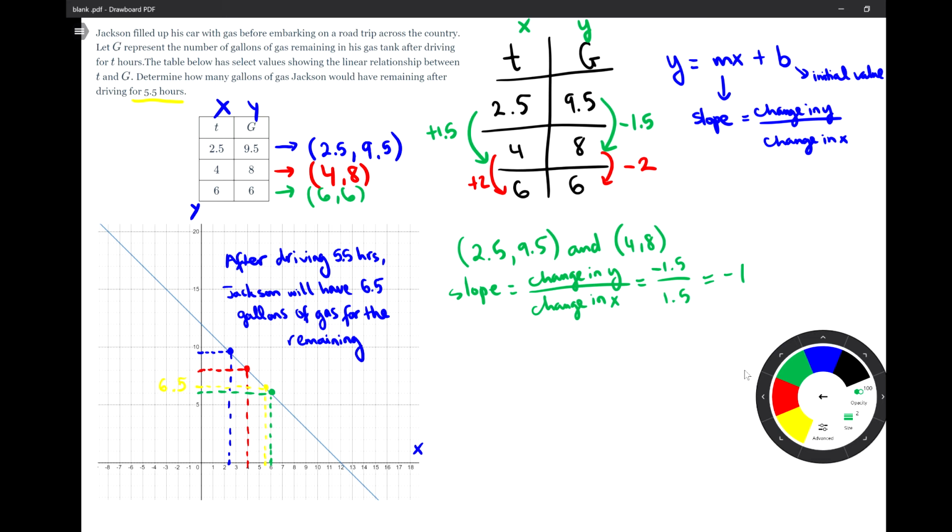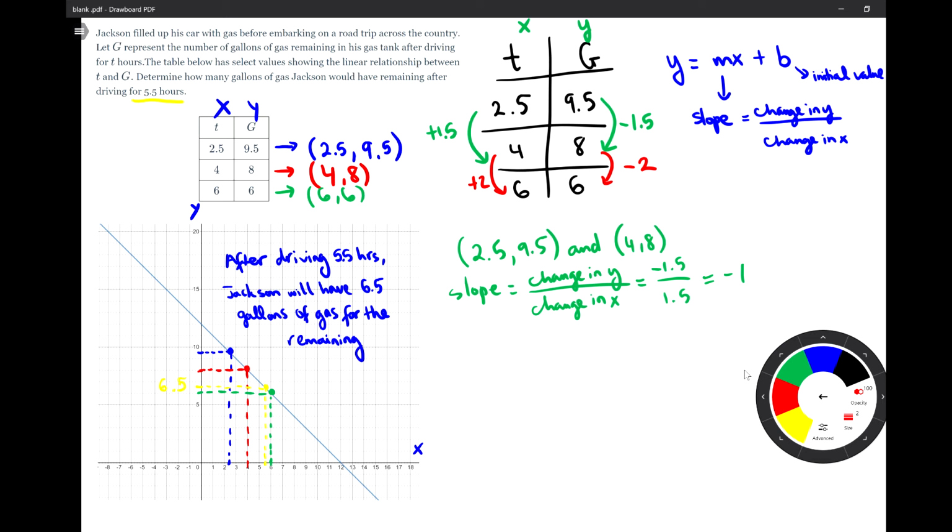All right, but then I also want to prove to you guys that no matter which point or which pair you pick from the table, you should end up with the same slope if you do it right. When you work on it, you only need to use one of them.